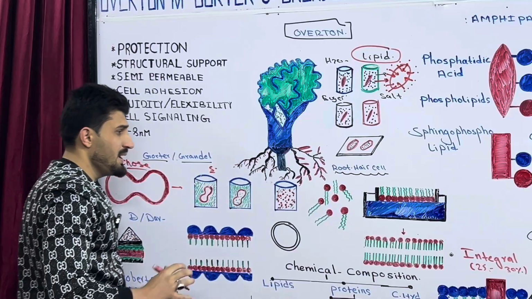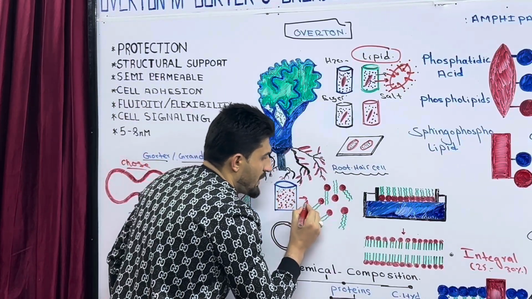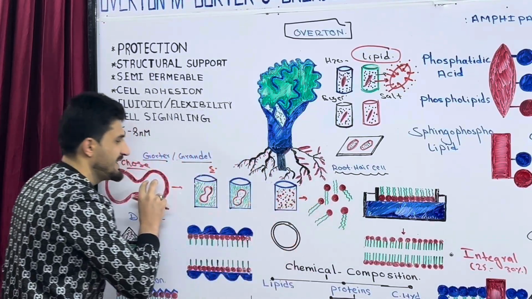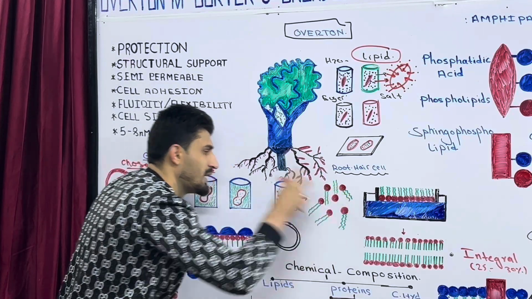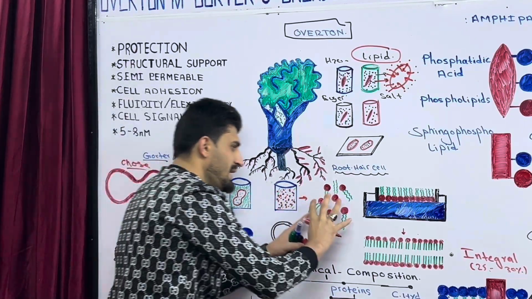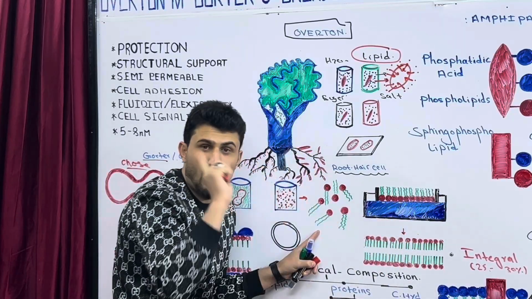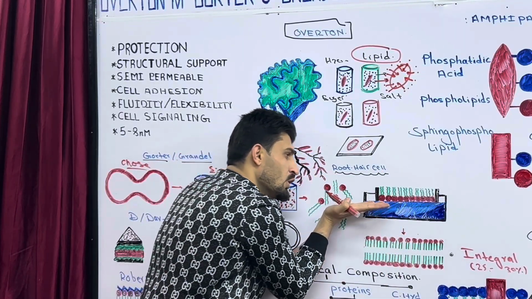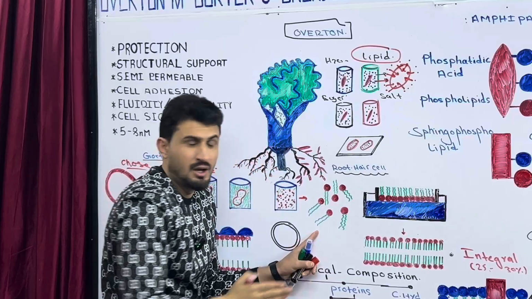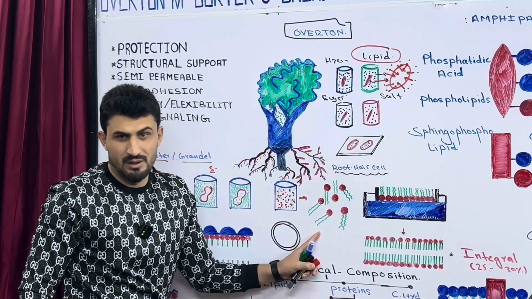Then they extracted lipids from the cell membrane so carefully, and they spread out all these lipids as one layer, as a monolayer, over the water, on the surface of water.